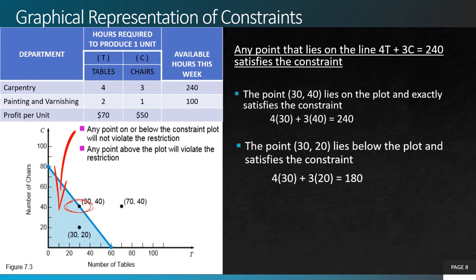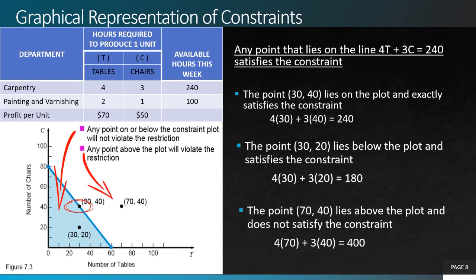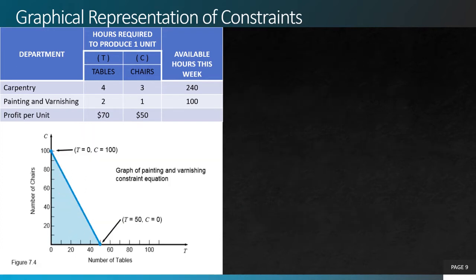So 4 times 30 plus 3 times 20 equals 180. And it's even less than the 240 hours available. The point (70, 40), however, lies above the plot and does not satisfy the constraint because the total is 400 hours.